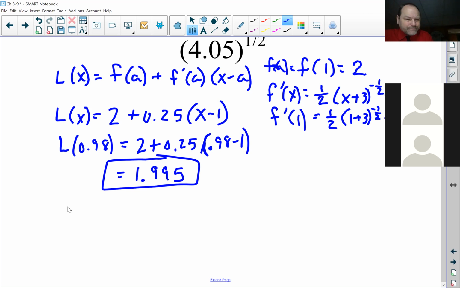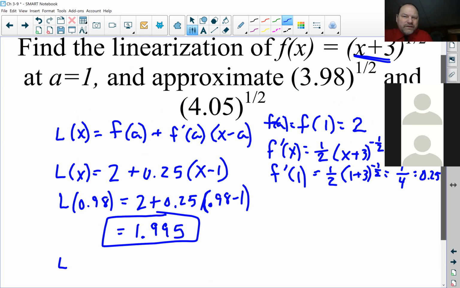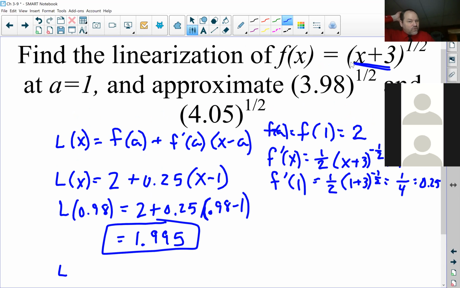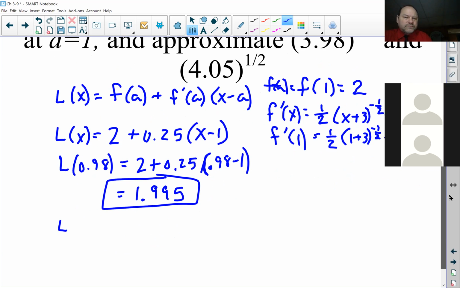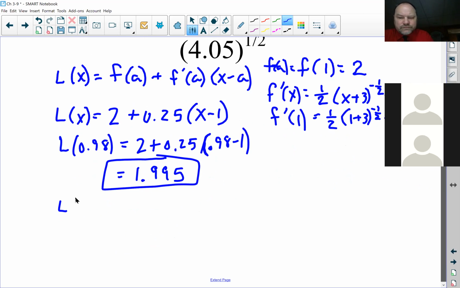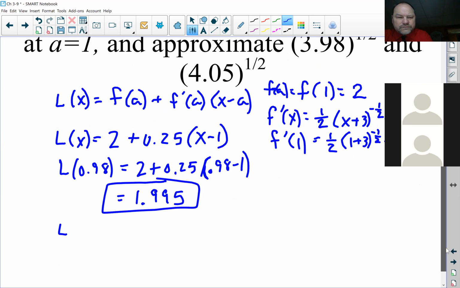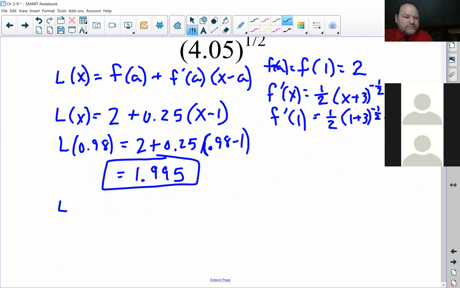For the second one, again, what value would x have to be so that the inside of my square root is 4.05? So 3 plus 1.05 would give us our 4.05.